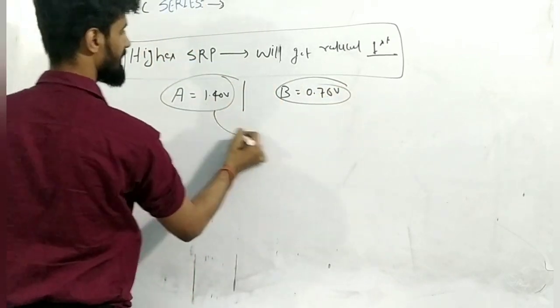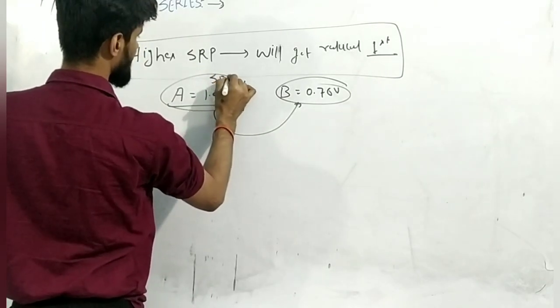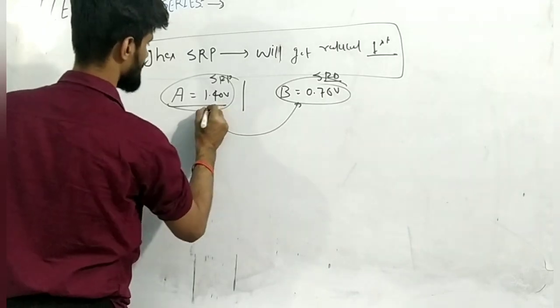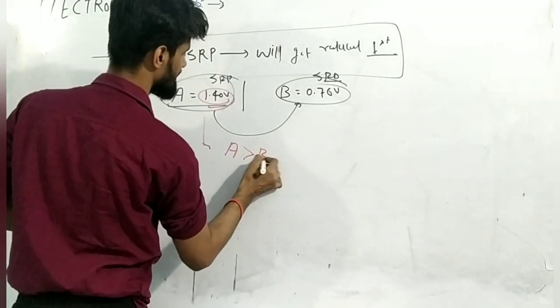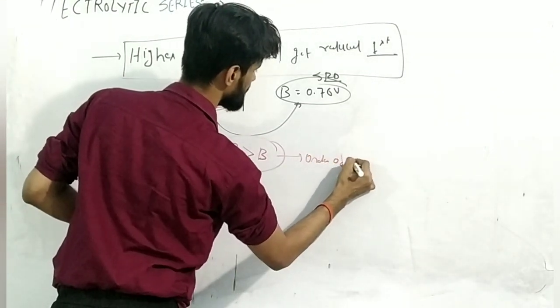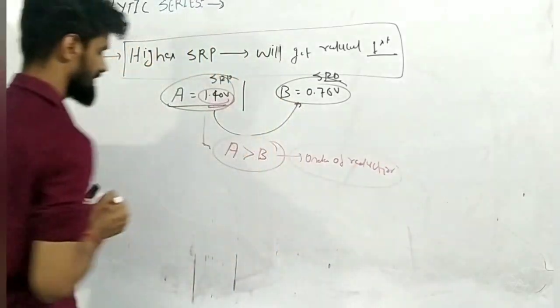You have to identify which substance will get reduced first. A has the highest SRP, that's why A will get reduced first as compared to B. This is the order of reduction.